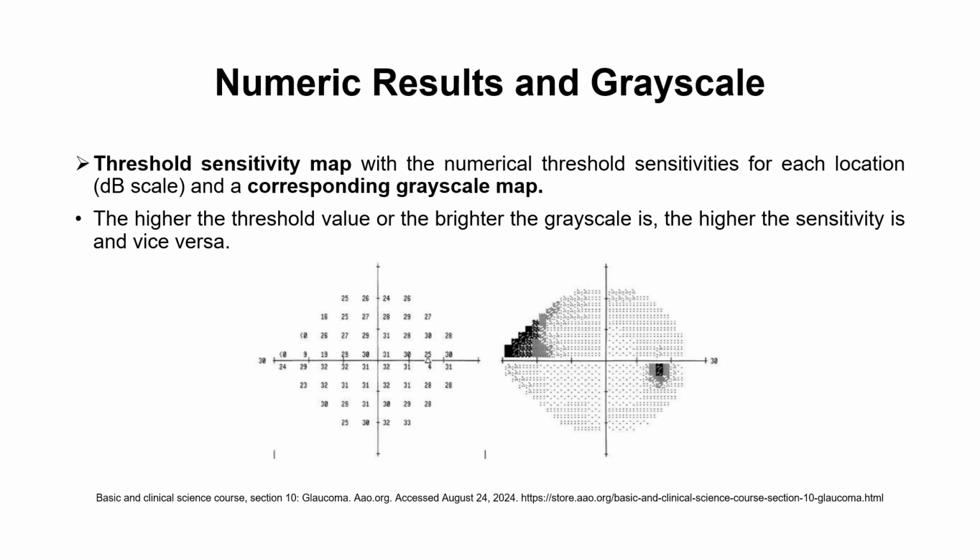The corresponding grayscale map should be used for patient education. The higher the threshold value, or the brighter the grayscale, the higher the sensitivity. So if you see blackish grayscale, it means that the patient has low sensitivity.